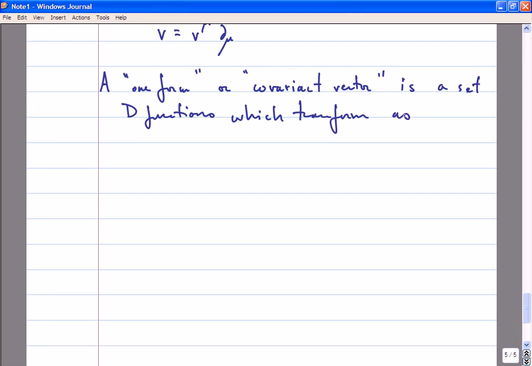Except now, one-forms or covariant vectors carry a lower index rather than an upper index. And if you wish to write a one-form in a new coordinate system, then you would write it as W_mu prime, which is equal to the Jacobian matrix dx^mu by dx^mu prime times W_mu, summed over mu.